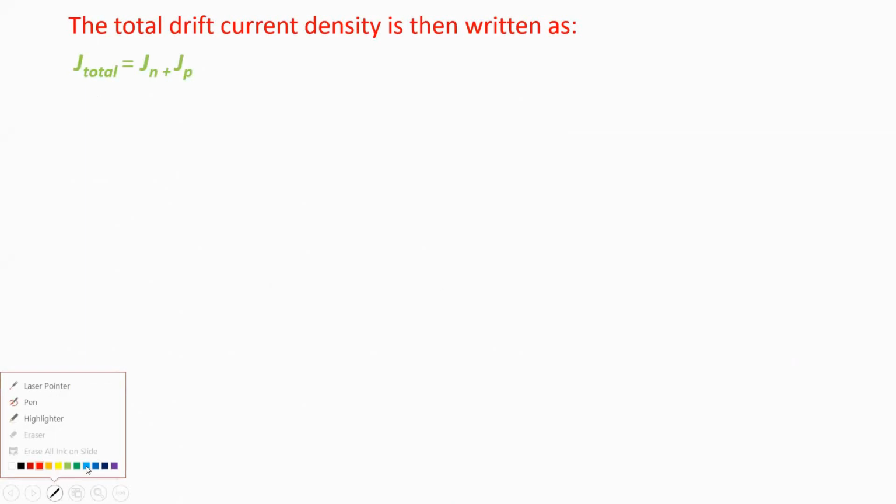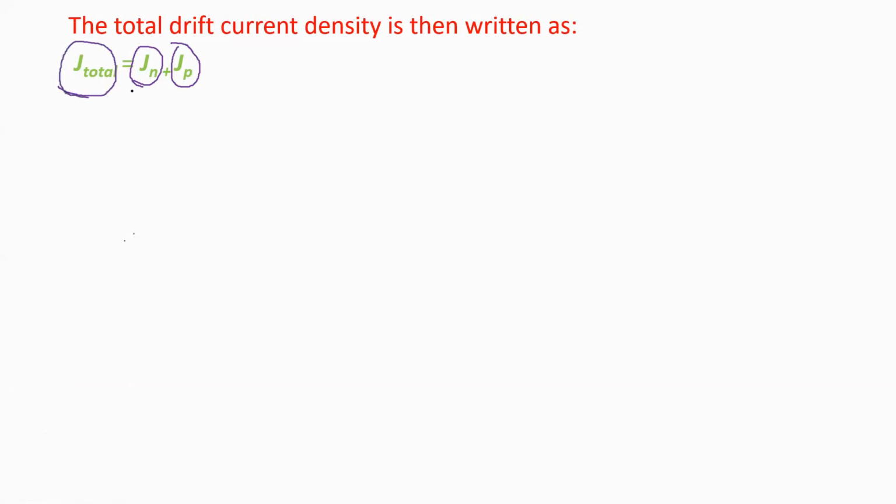We are actually working with two different things: drift current density because of electrons, that is Jn, and drift current density because of holes, that is Jp. Your overall total drift current density is the sum of these two.